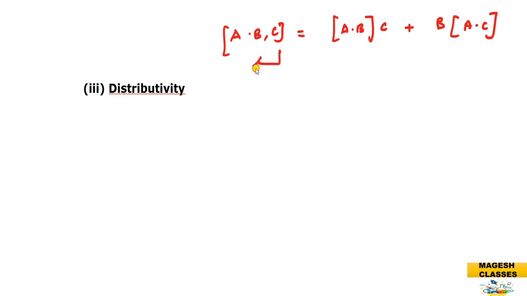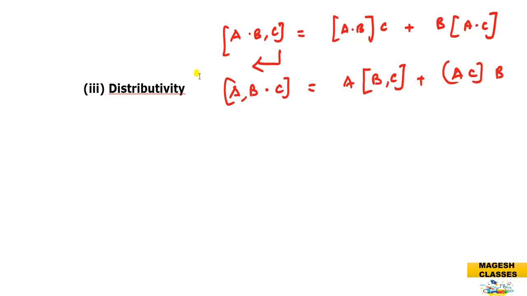See this, C is taken out, AB, and B is taken out, AC. AB C is equal to AB C plus AC B. So this function is the distributive function.